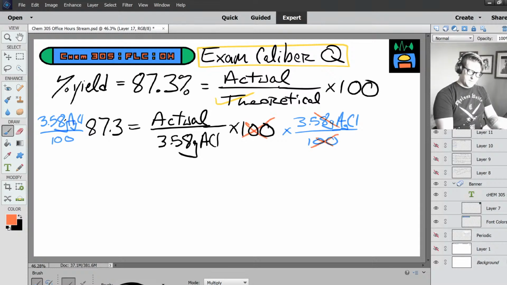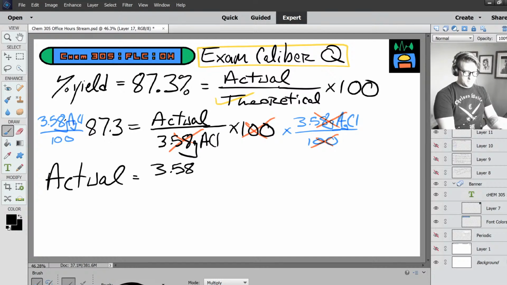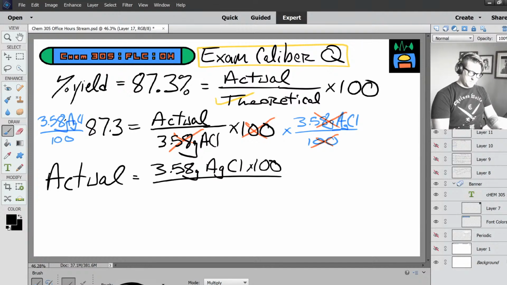Cancel on this side. So we get our actual yield is equal to 3.58 grams of silver chloride times 100. Oh, sorry, no, not times 100. Times 87.3 over 100.